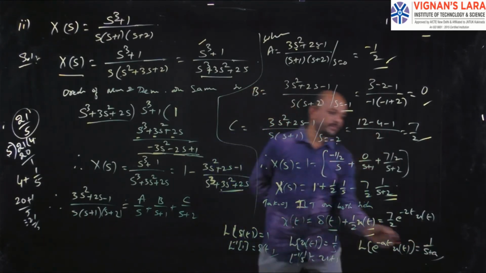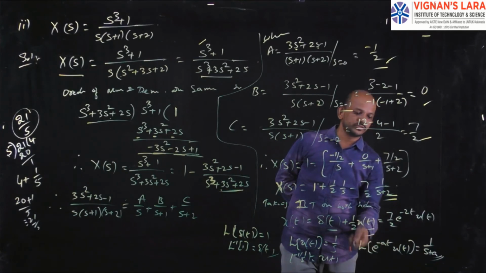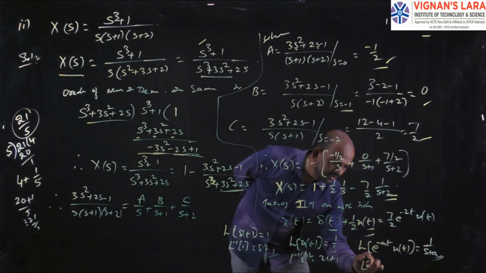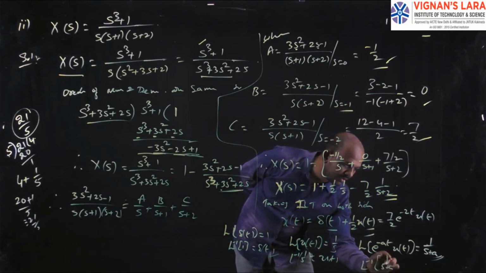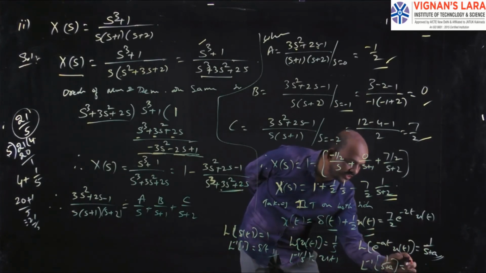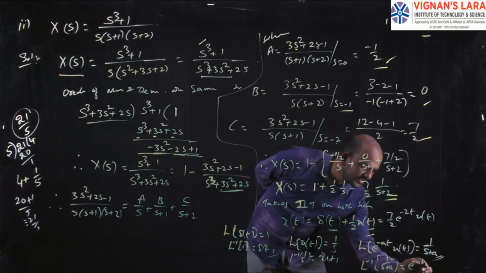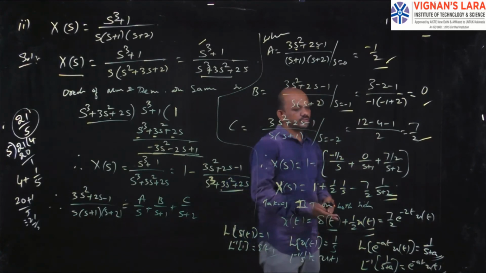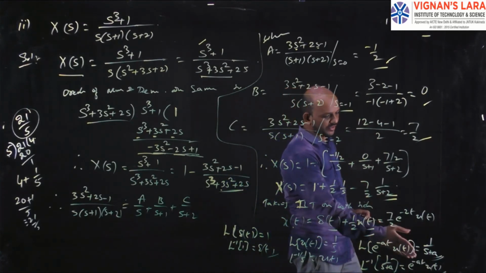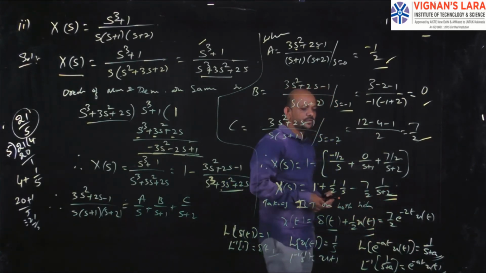So here in place of a I have 2, 1 by s plus 2. So the inverse Laplace transform of 1 by s plus a equal to e power minus at into u of t. So in place of a I have 2, hence we are writing e power minus 2t into u of t.